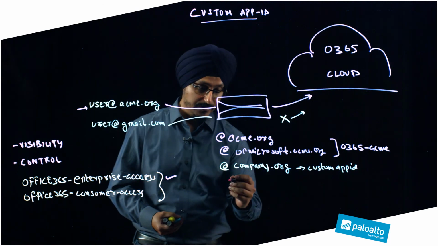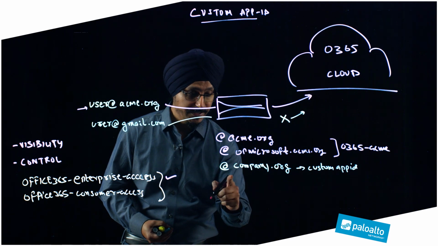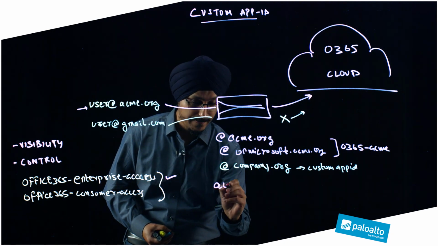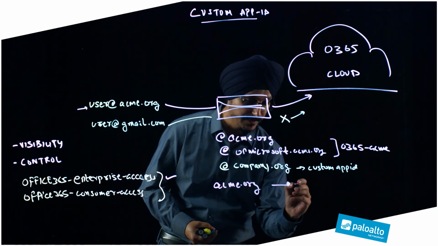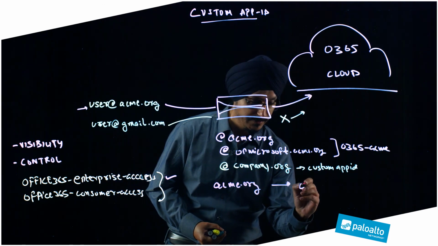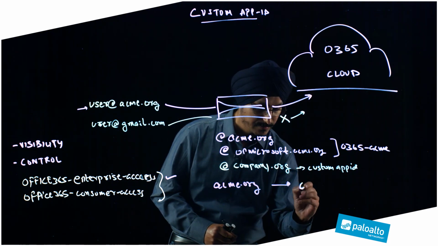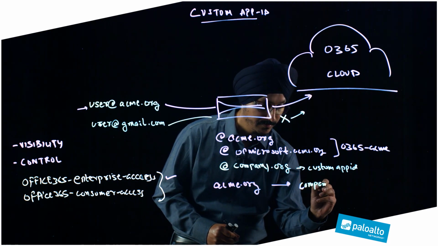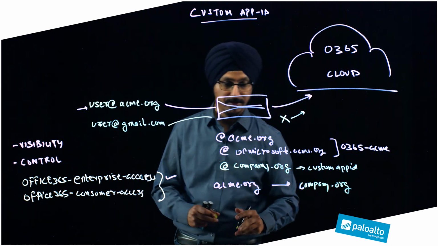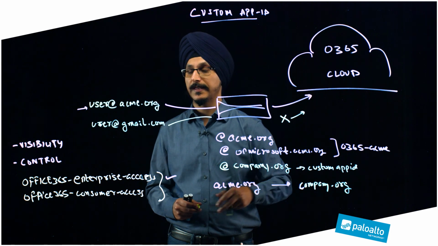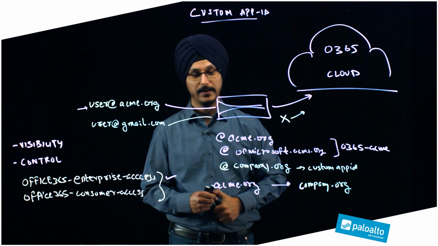So if the users from acme.org want to access a folder which is being shared by someone from company.y.org, you can selectively allow or disallow this using URL filtering along with the app ID-based policies.